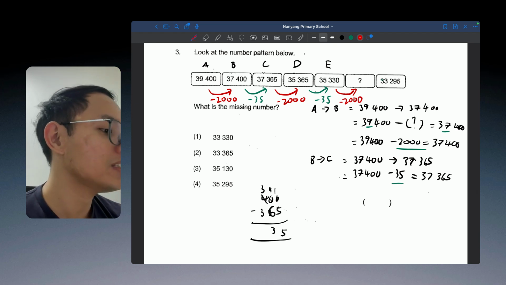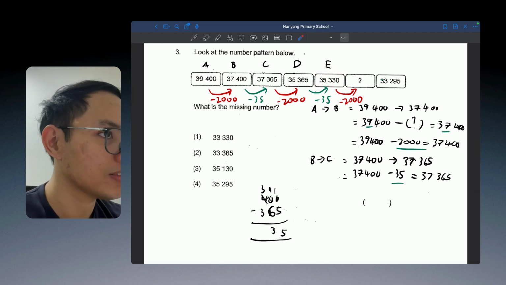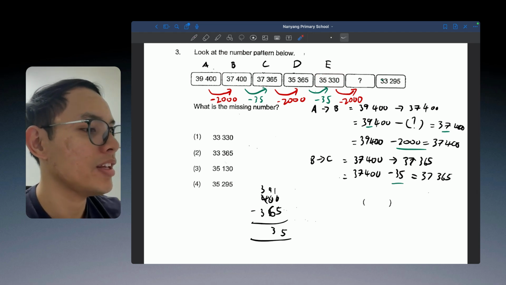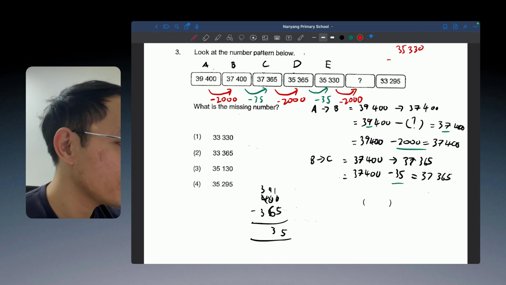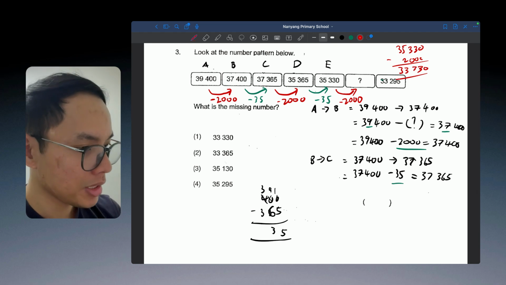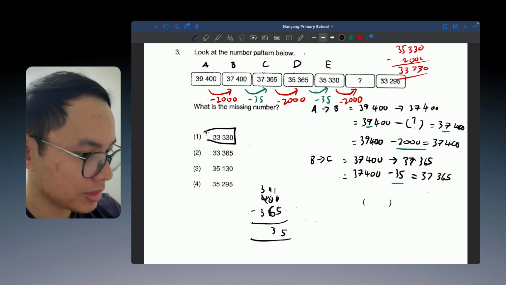Okay, so what is 35,330 minus 2000? Okay, and if your answer is, so you can write down if you want now, right? But if you can do quick math, then essentially the answer should be 33,330 over here. Okay, so the answer to this is 1. That's what you see over here.